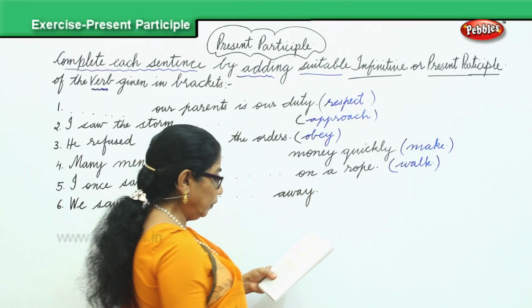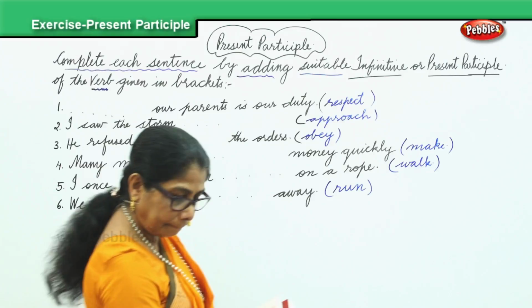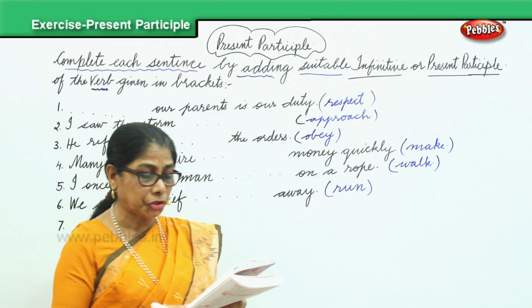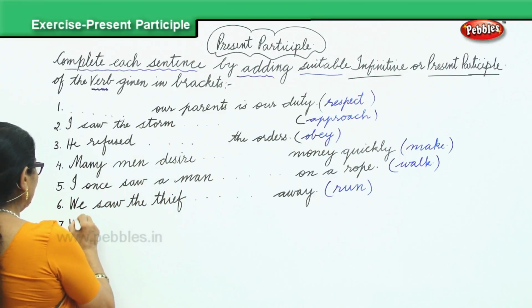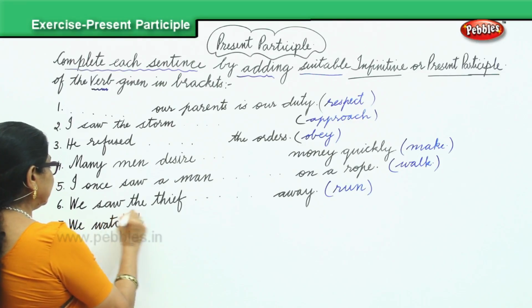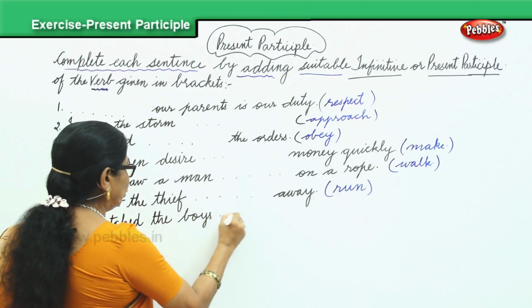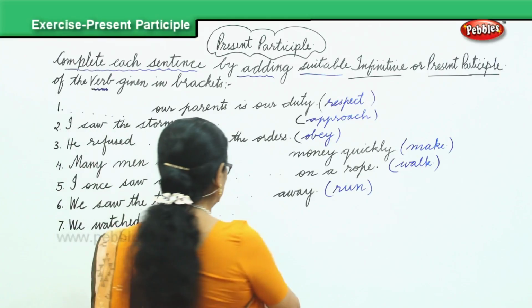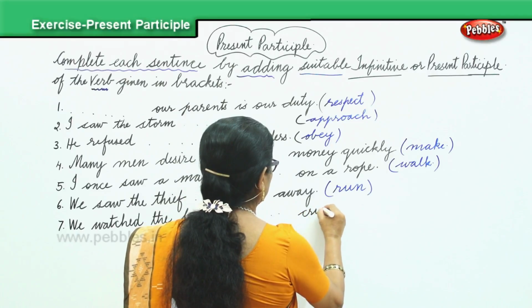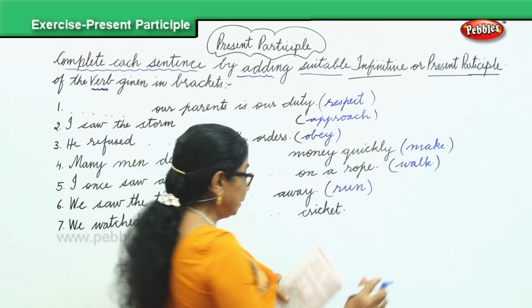We have here the verb given, run. We watched the boys, dash cricket, and the verb is play.